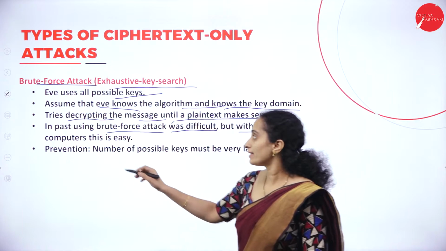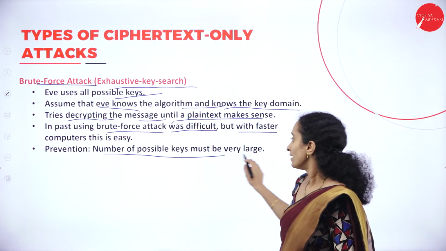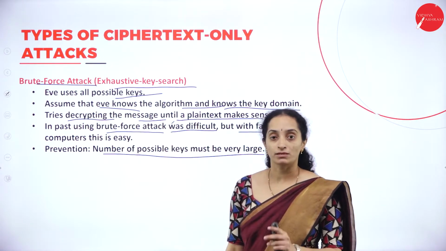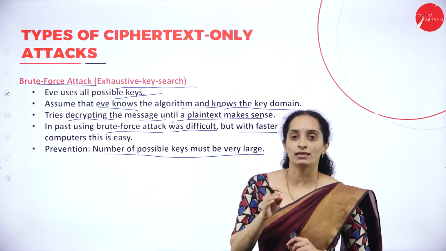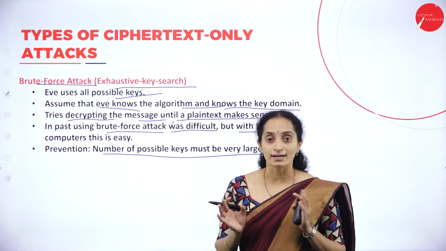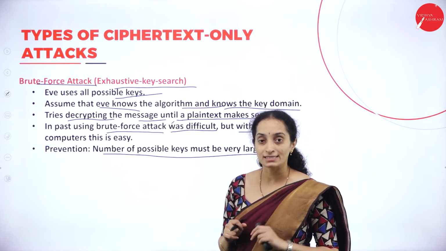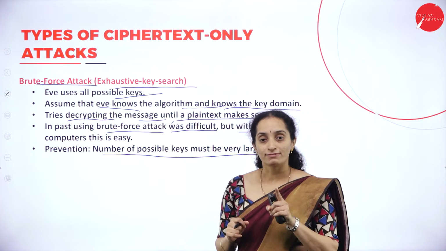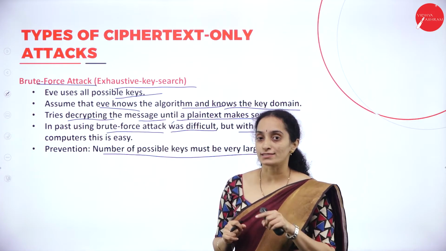How do you prevent this brute force attack? The number of possible keys must be very large. You cannot keep some 5 to 10 keys in the key domain. You have to have hundreds of possible keys, so that the adversary must not be able to guess the key.